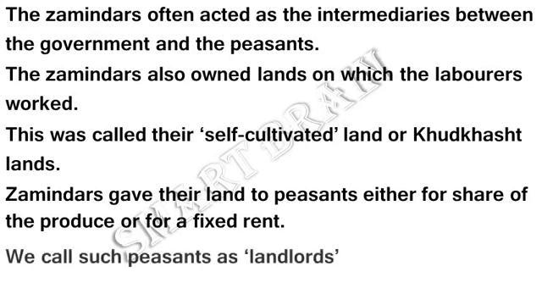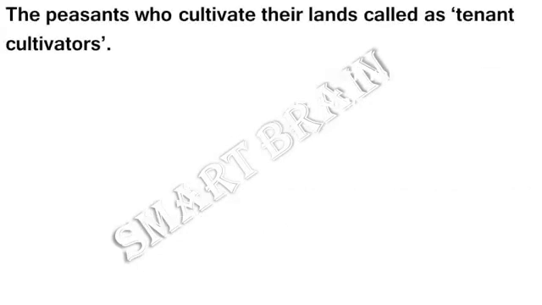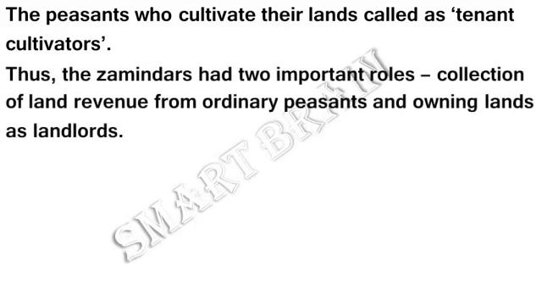We call such zamindars landlords. The peasants who cultivate their lands are called tenant cultivators. Thus, the zamindars had two important roles: collection of land revenue from ordinary peasants and owning lands as landlords.